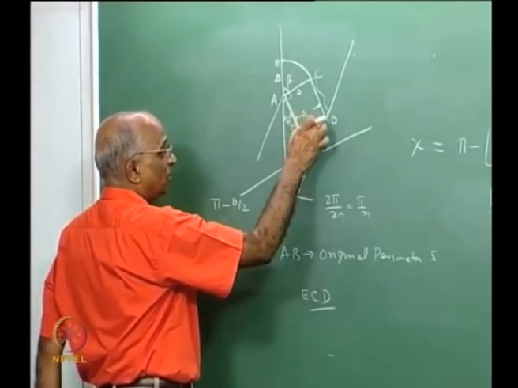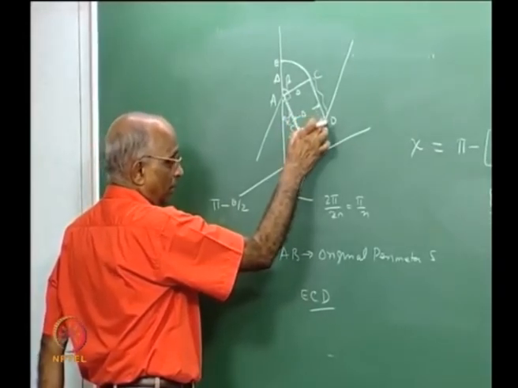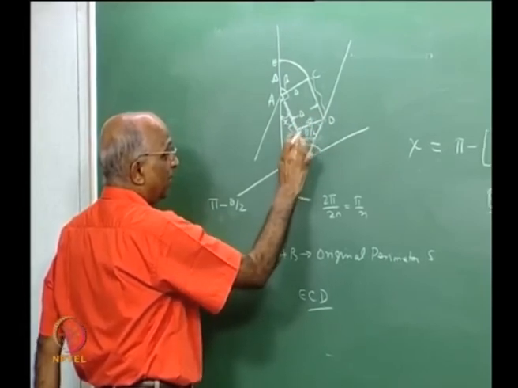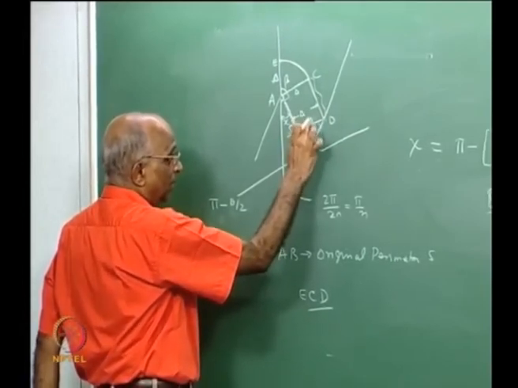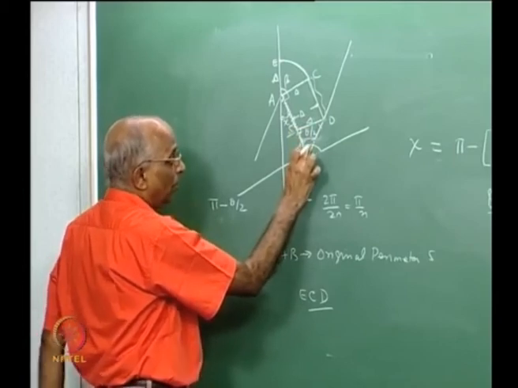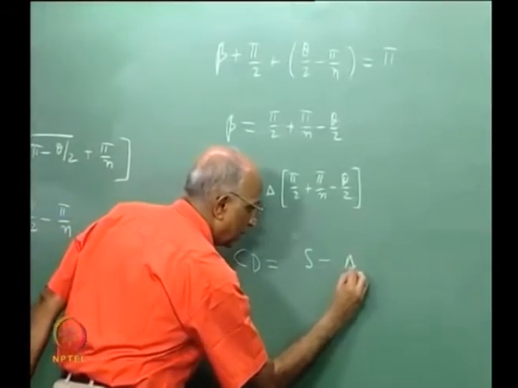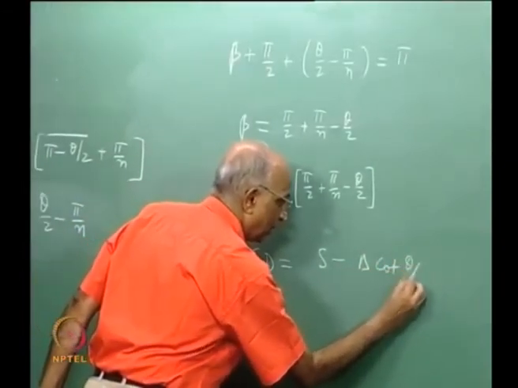The base of this particular perpendicular over here, that means base divided by delta must be equal to cot theta by 2, or it is equal to delta cot theta by 2, so S minus delta cot theta by 2.